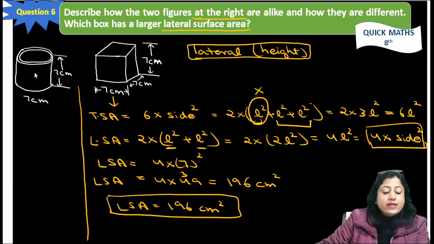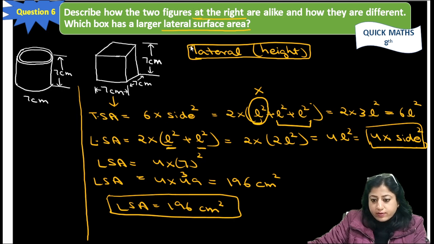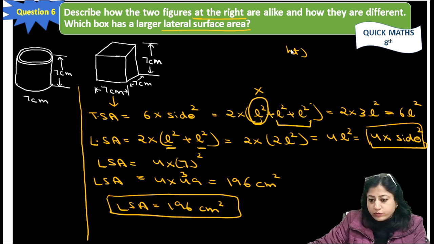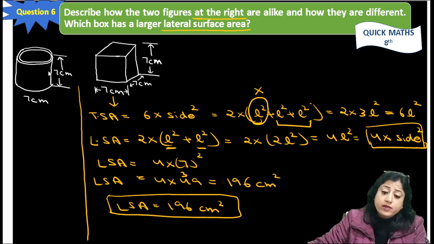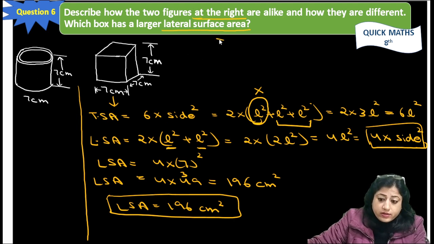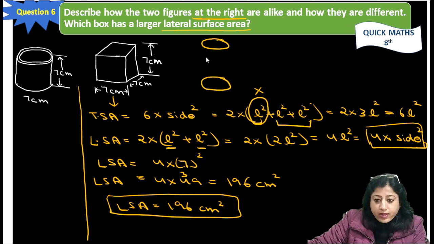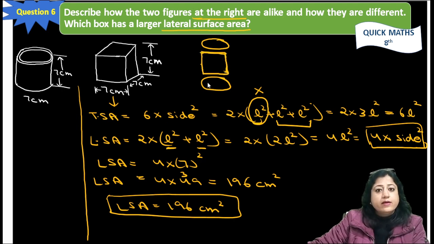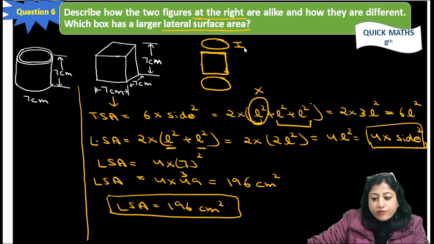Now this one is a cylinder. I will explain a little about the cylinder also. The cylinder contains two circles, upper and bottom, and in between there is a rectangle. If we divide the cylinder into regions, we have one top surface that is a circle, a second circle at the bottom, and third, the rectangle.